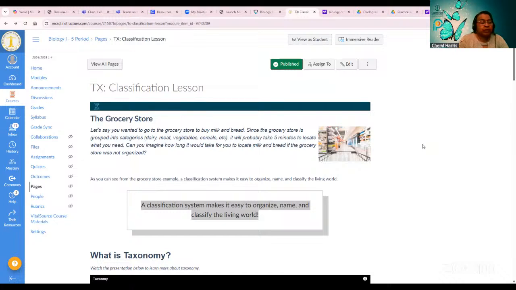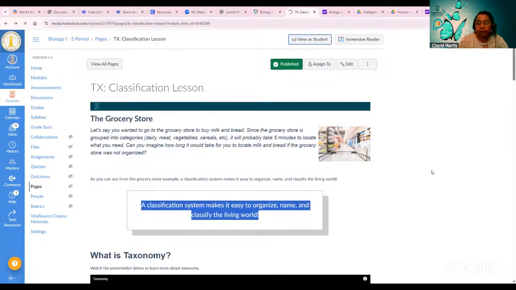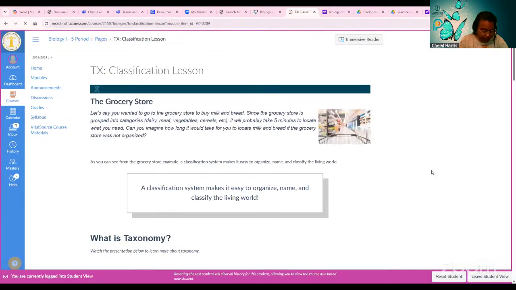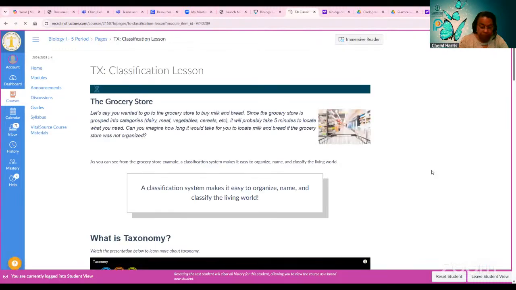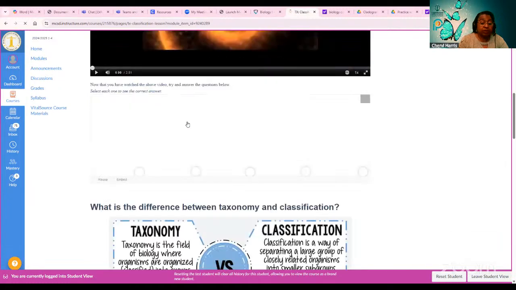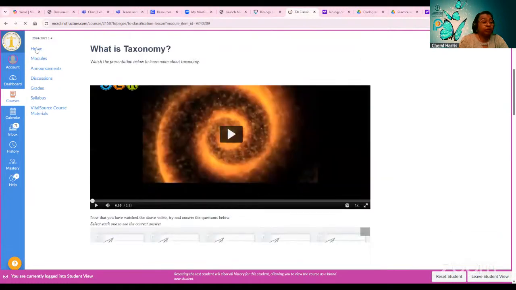Okay, so you have an assignment to do. So let me go to your home page. Let me just do this from student view. Make sure that everybody sees what I'm seeing. Okie dokie. So the instructions are going to be first that you read over this page. So everything that's on this page you need to do first.